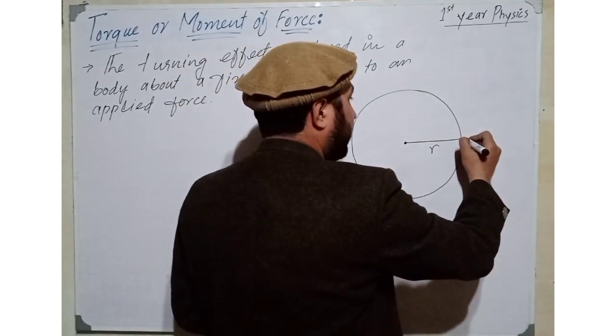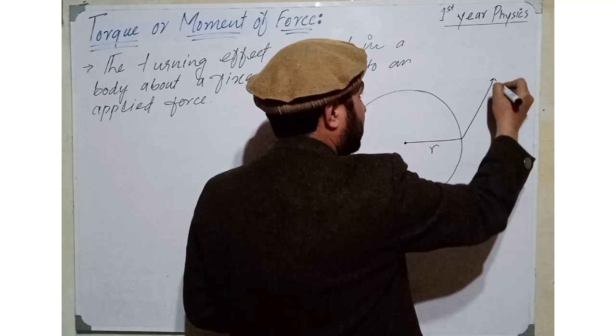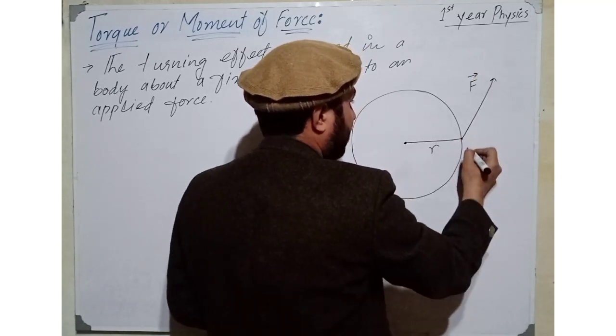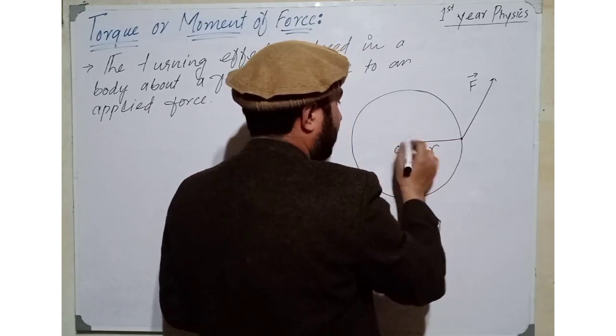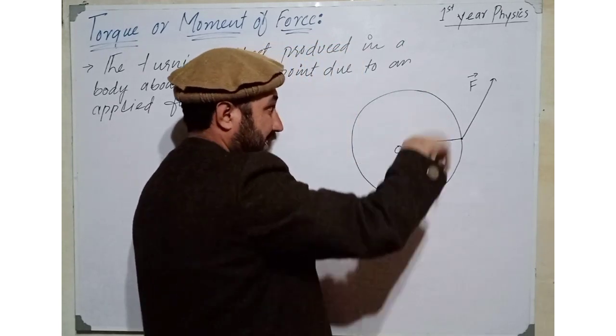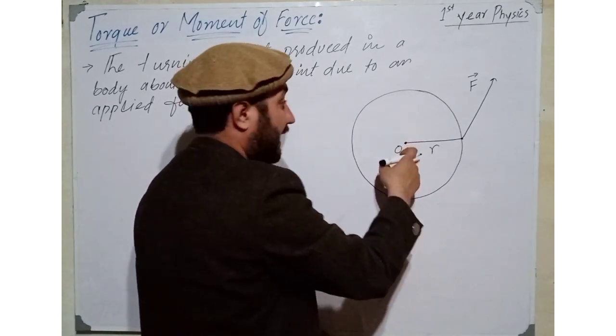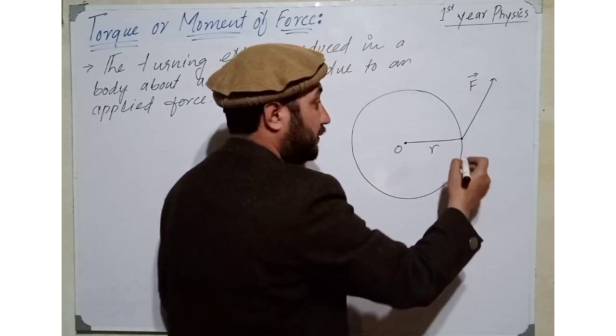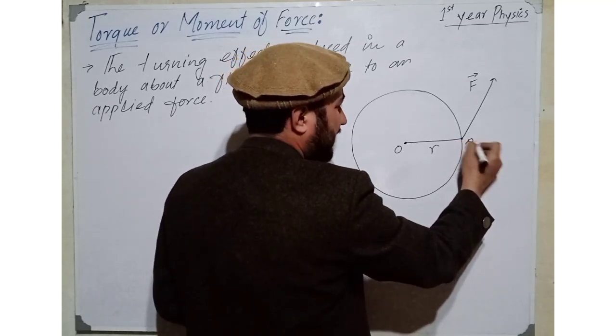Now if we apply a force at this point in this direction, let's call that force F. Let us say that this is O, the axis of rotation, or in the case of a wheel, the axle. And this is the point of impact of the force, and we call it point A.